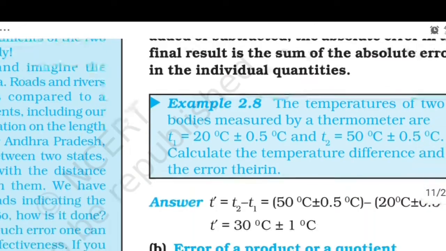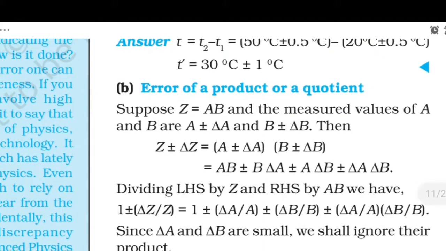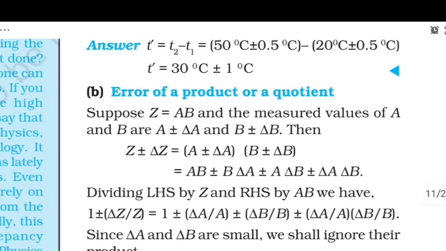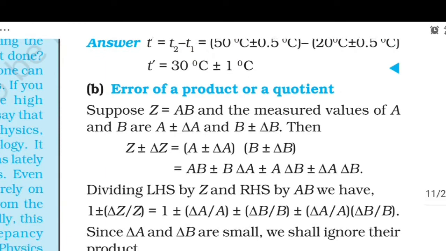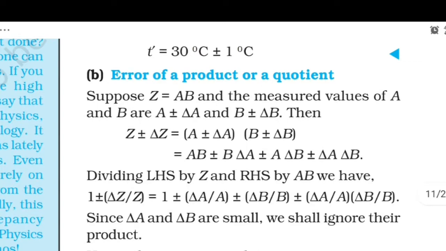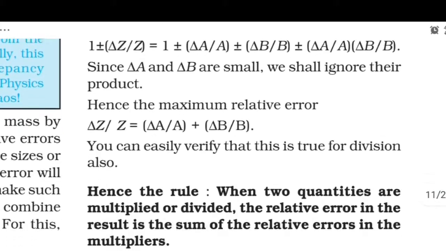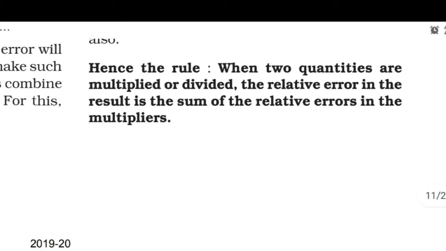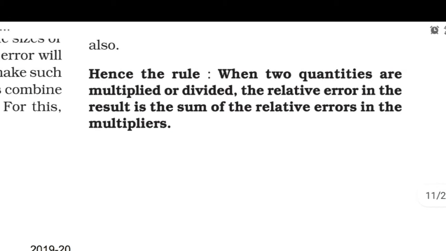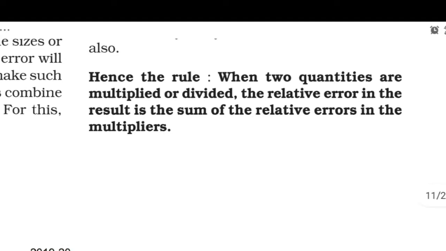Now coming to the second case, that is when a physical quantity is expressed as a product or a quotient. So we can have the situation like Z equal to AB or Z equal to A by B. So in this case, what is the rule? The rule says that when two quantities are multiplied or divided, the relative error in the result is the sum of relative errors in the multipliers.